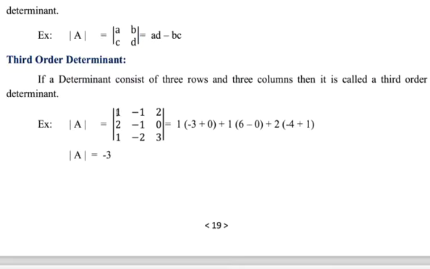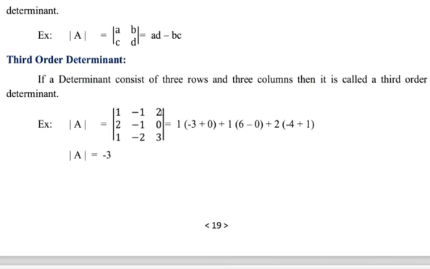1 into, when you take 1, you omit its row and its column, first row first column. Then the remaining 4 elements form a second order determinant, that is minus 3 plus 0. Then for the second element the sign will change, so this will be minus 1, and minus of minus 1 is plus 1.